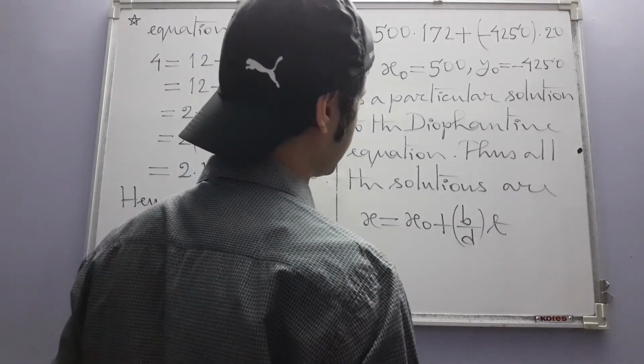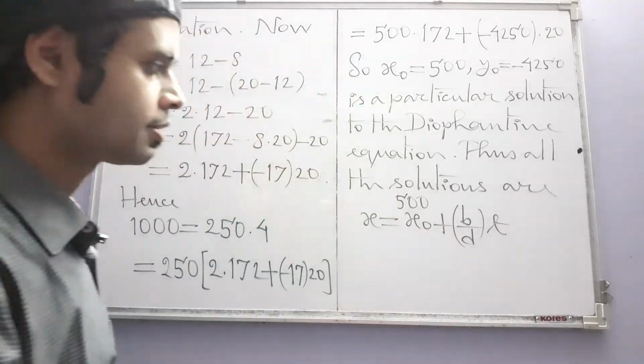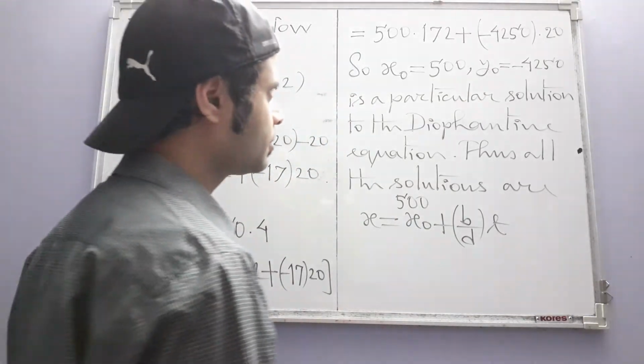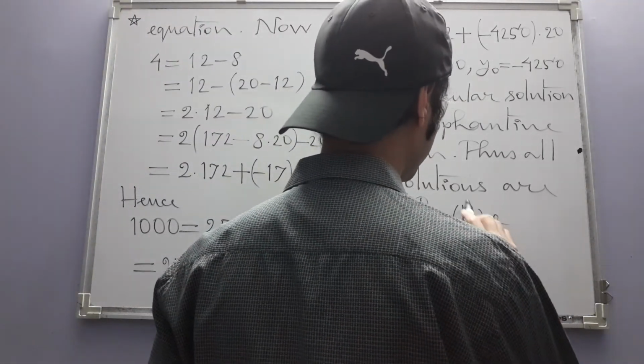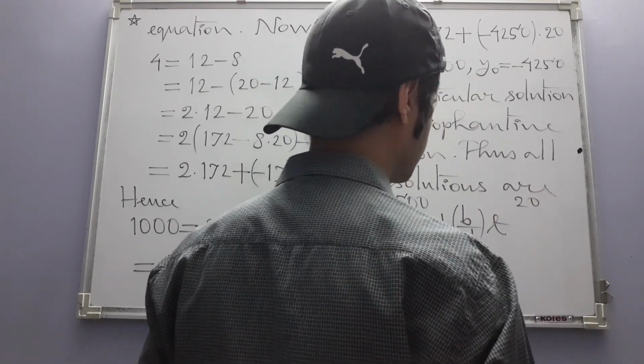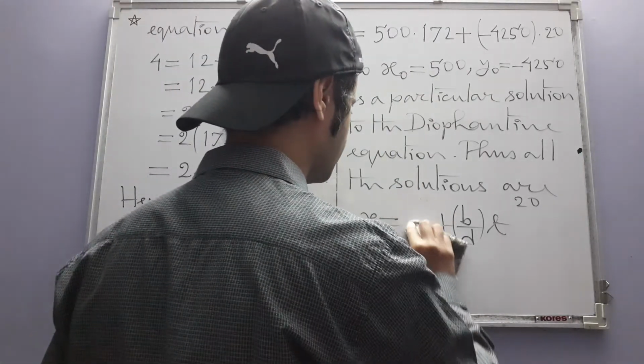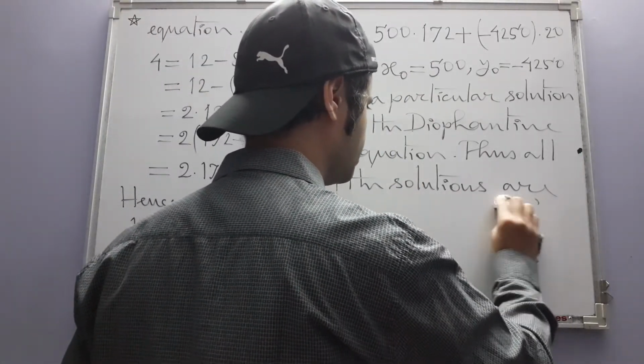So what is our x naught? Our x naught is this, which minimizes the chance of making error. And what is our b? B is 20 divided by 4, which is 5. So that means 500 plus 5t.